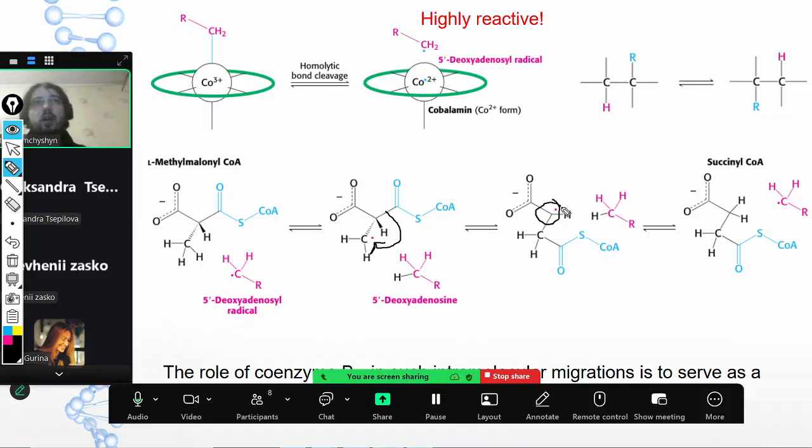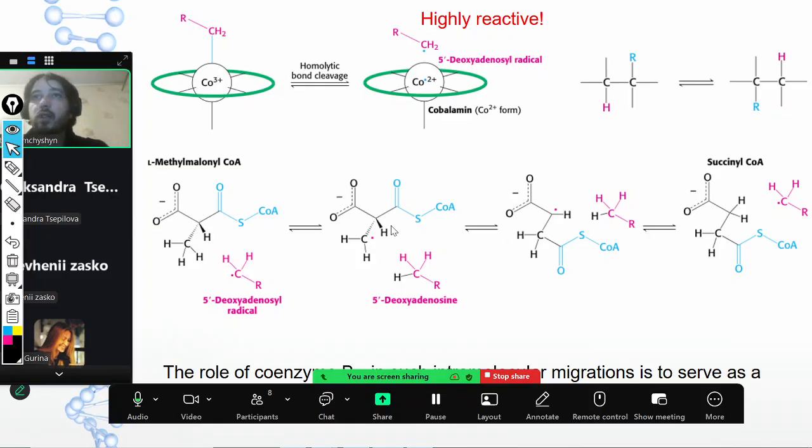The logic behind these shifts is stability. How well can you delocalize some charge in the molecule? In the case of having only hydrogens, you don't have much ability to delocalize that charge. In this case, you see a carbon atom that is connected to two other carbon atoms, so there is much more ability to delocalize charge and to be more stable.